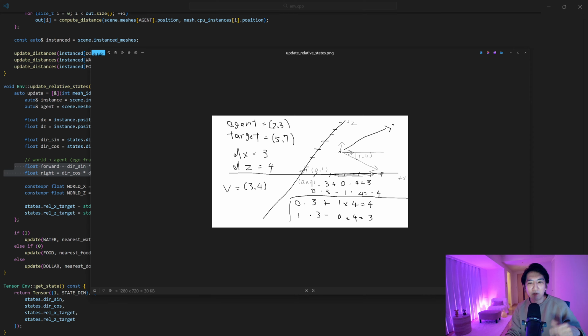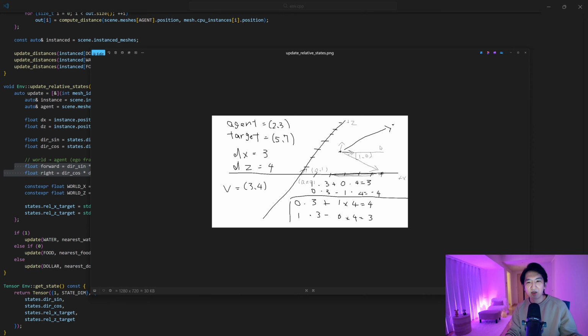So to reverse that, I have to rotate back by negative 90 degrees. If I rotate this by negative 90 degrees, I would turn this false target vector into this correct target vector.